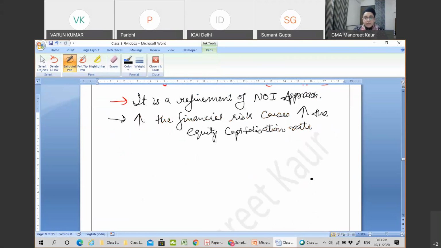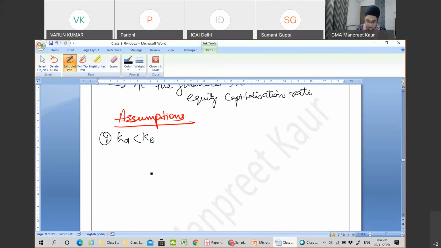There are also assumptions in the MM approach. First assumption is KD is less than KE, as this assumption is for all, whether NI approach, NOI approach, or MM approach.